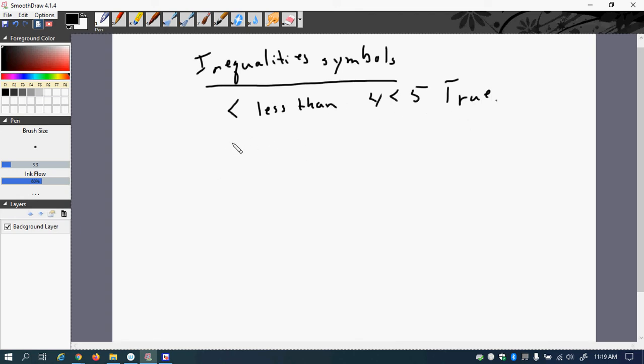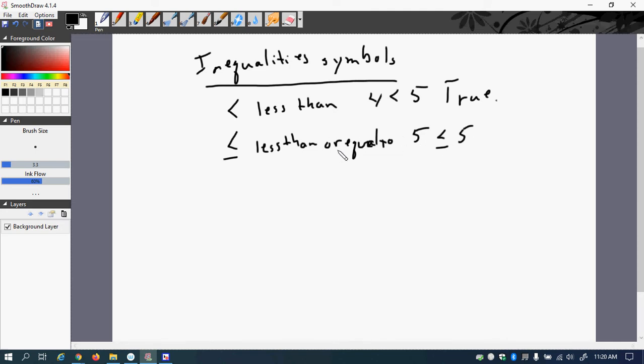Another symbol we would be looking at is the less than or equal to. Okay? And so the less than or equal to could be examples like 5 is less than or equal to 5. This is true because 5 can equal 5.